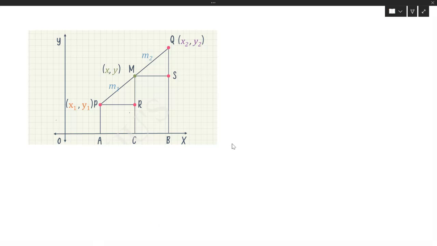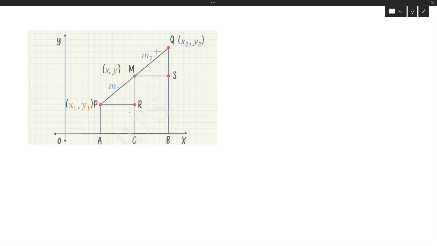So M is the midpoint of the line PQ, and because of that, as you could see, we have formed two triangles here. First, we will solve x and y separately. We have to come to the conclusion here for the section formula.